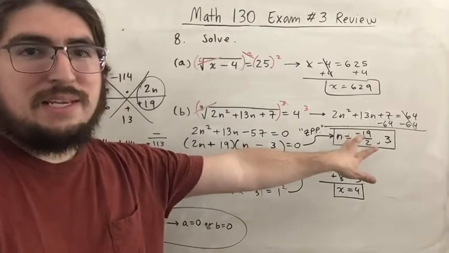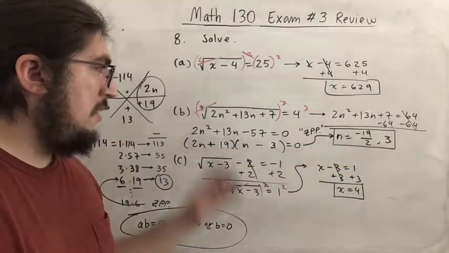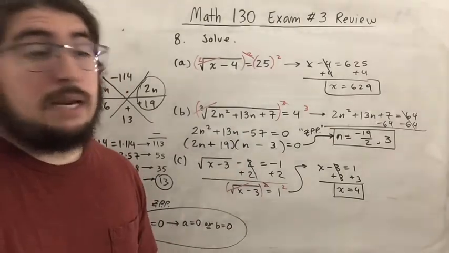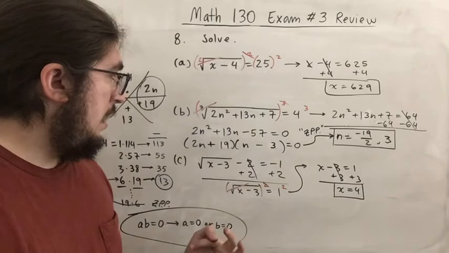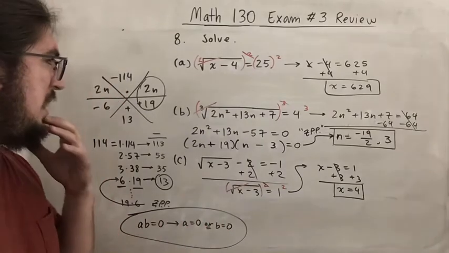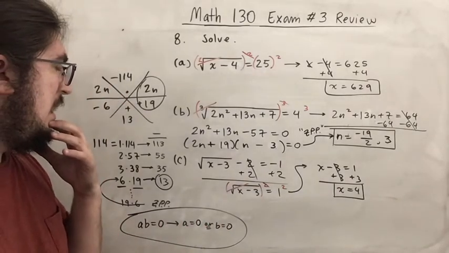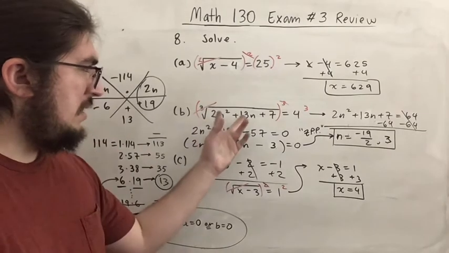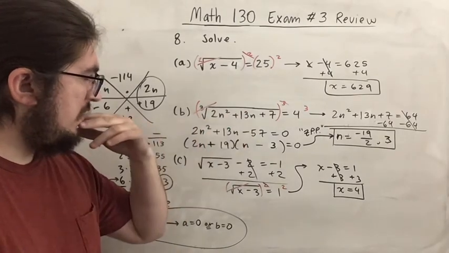I didn't check these, but chances are if it's a cube root, those generally don't have extraneous solutions. But it's still not a bad idea to check. In fact, what's kind of interesting here, it's not obvious, but I think this actually factors.